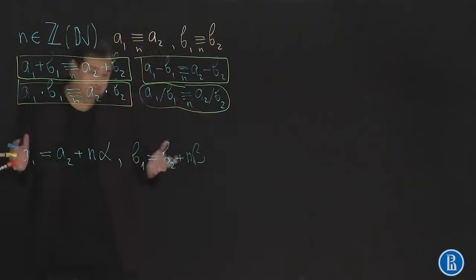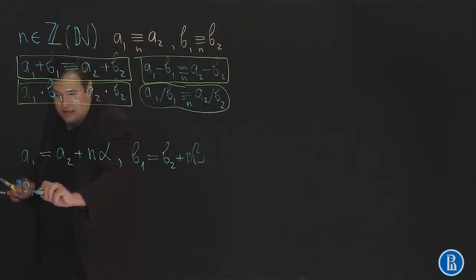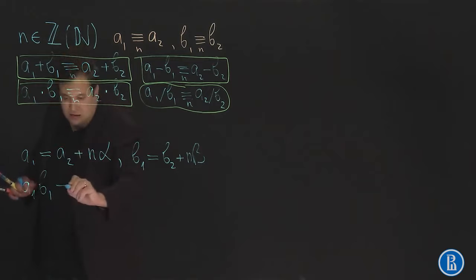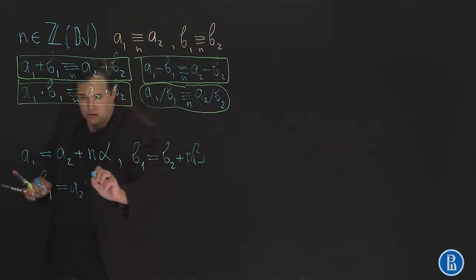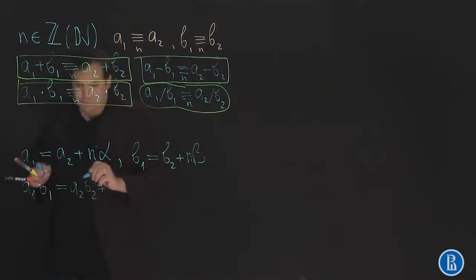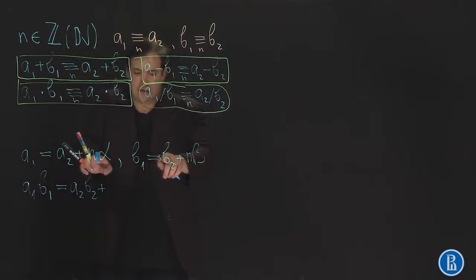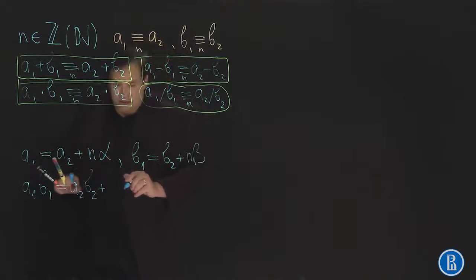And then just multiply: a1 multiplied by b1, just as here, is equal to a2 multiplied by b2 plus, well, we should multiply these summands and also multiply these summands and also multiply these summands.